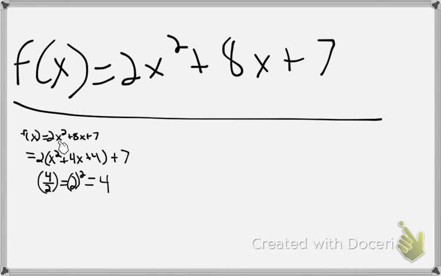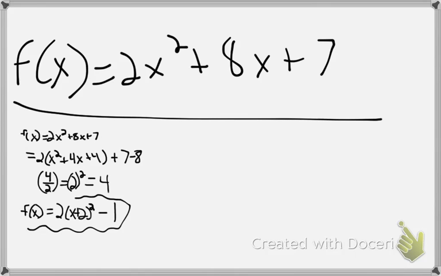So 2 times 4 is 8, but then you have to change the sign, so it would really be minus 8. So we have that plus 4 and that minus 8. Then our final quadratic function would be 2 times (x plus 2) squared, or excuse me, minus 1. Okay, minus 1. So that's what we got over here.